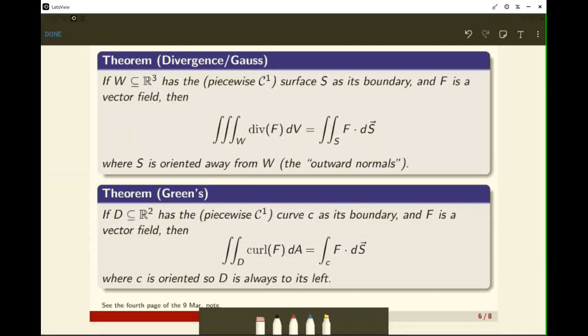Sometimes, if you want to do the bulk integral of some scalar quantity, you will look to see if you can find a vector field whose divergence is your scalar quantity or whose curl is your scalar quantity, and then do the corresponding thing on the boundary. Mostly I've seen it for writing a vector field with constant curl 1, and then you can compute area by going around the boundary, and it's kind of cool.